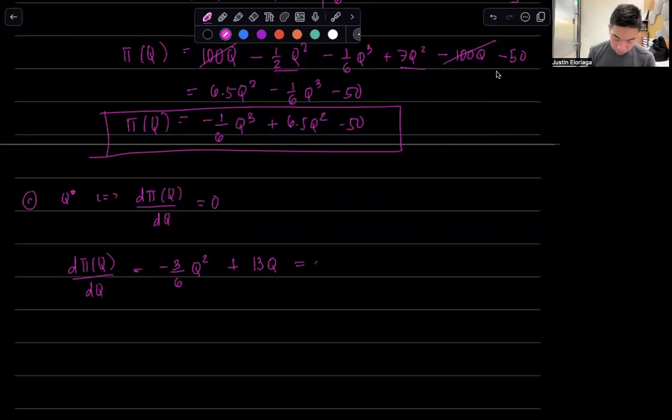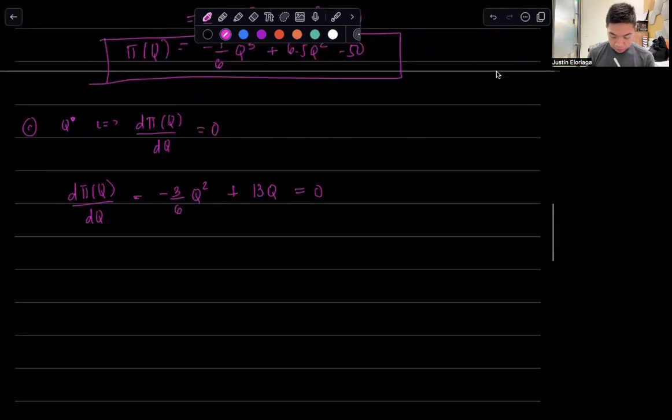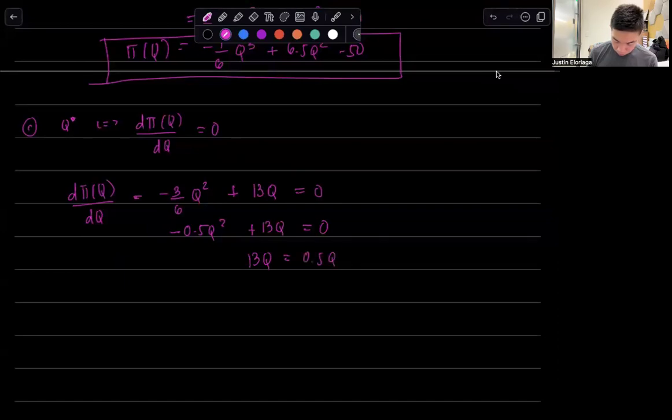We equate that entire thing to 0. Simplifying, minus 0.5Q squared plus 13Q equals 0, which means 13Q equals 0.5Q squared.